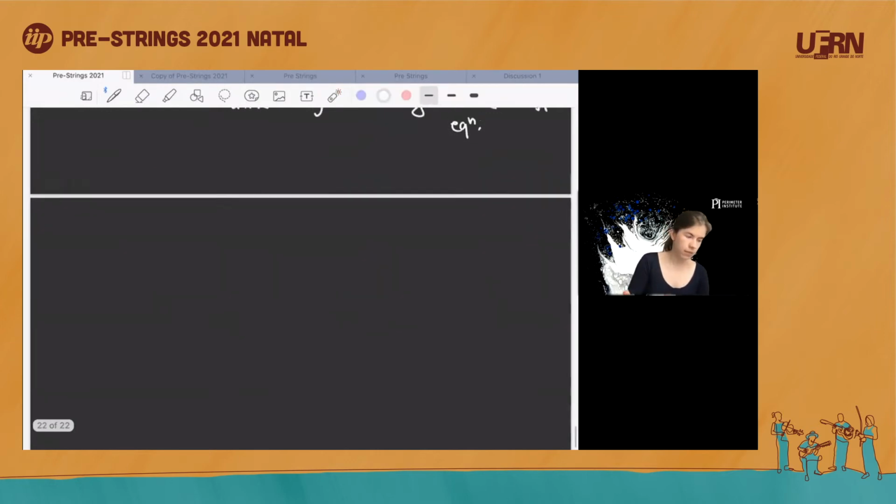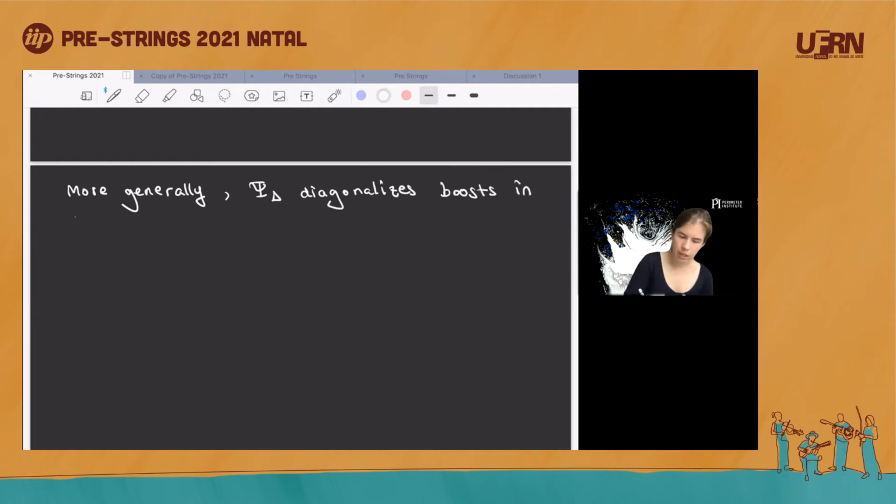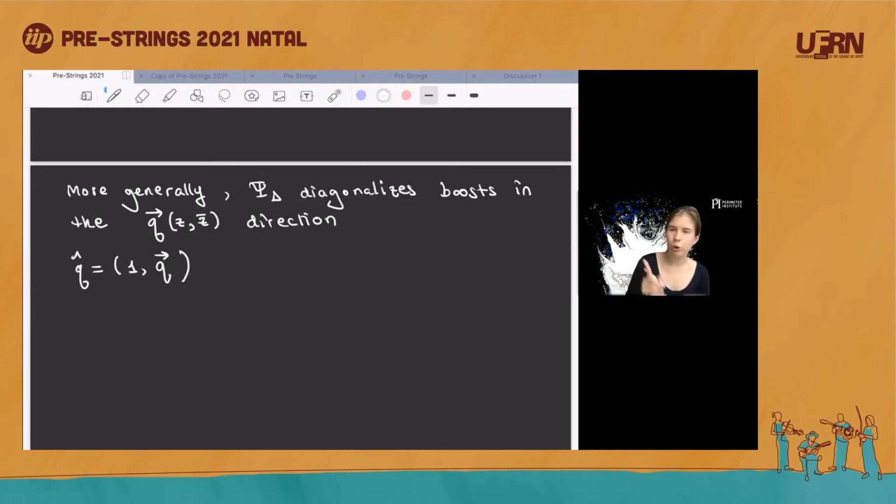One could have instead, more generally, required that psi delta diagonalizes boosts in the Q hat direction, where I'm defining Q hat to be a spatial unit vector which points towards a point z and z bar on the celestial sphere.